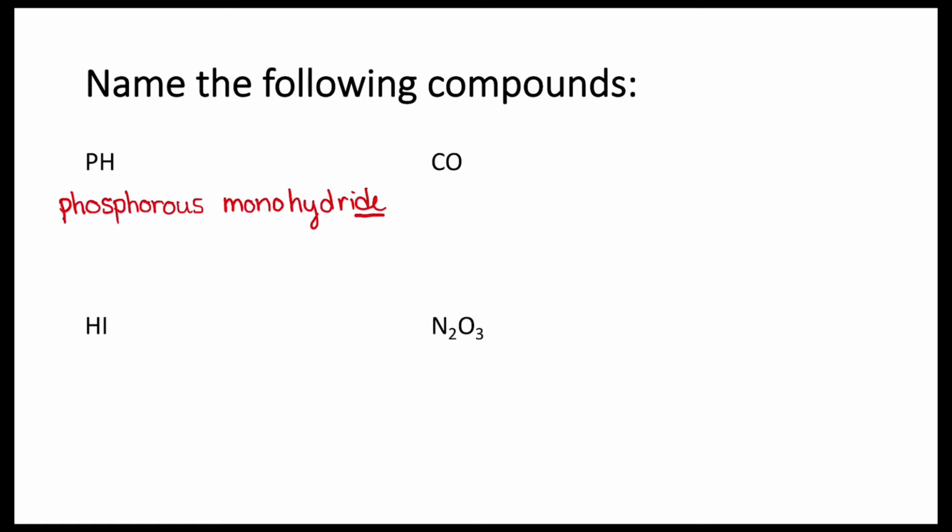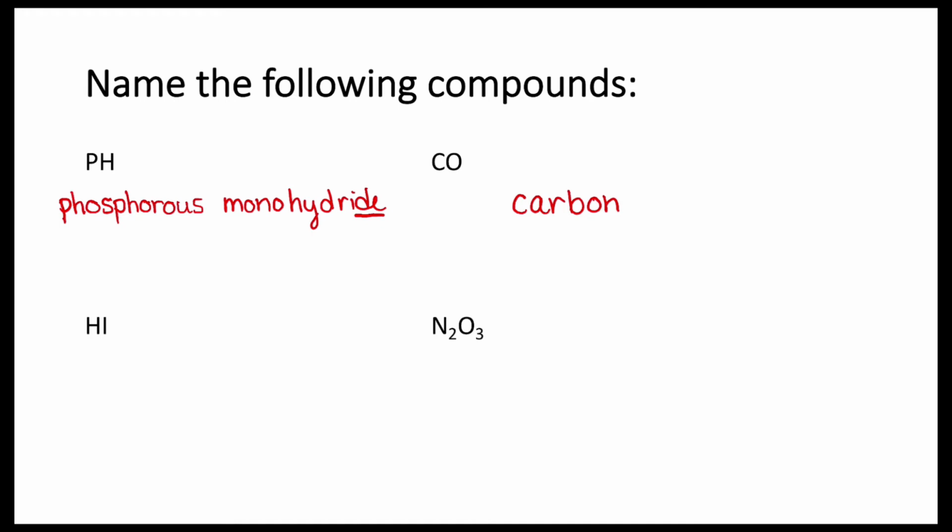Okay, so pause and give the next 4 of these a try. If you're stuck, you can continue watching my lesson. Okay, the second example is CO. So it's made up of a carbon and an oxygen. So again, we're not using mono on the first element. So this is carbon.